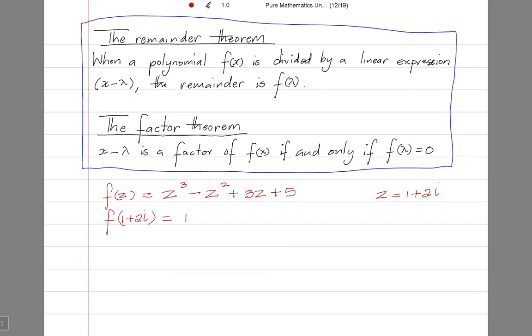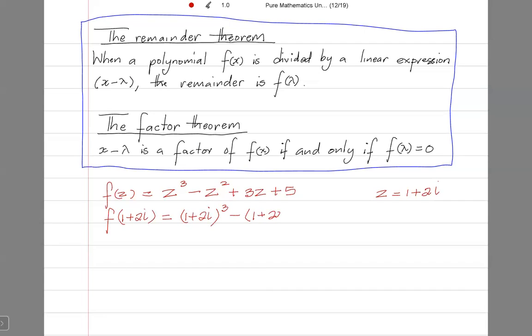This is (1 plus 2i) cubed minus (1 plus 2i) squared plus 3 times (1 plus 2i) plus 5.